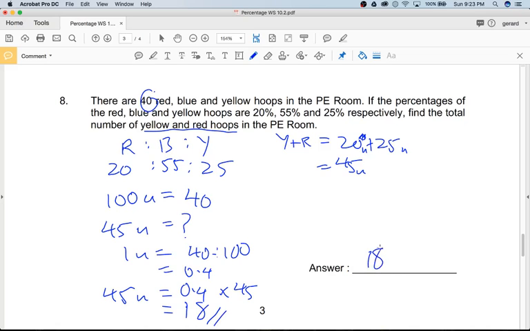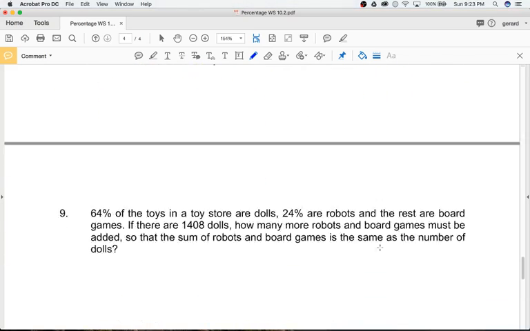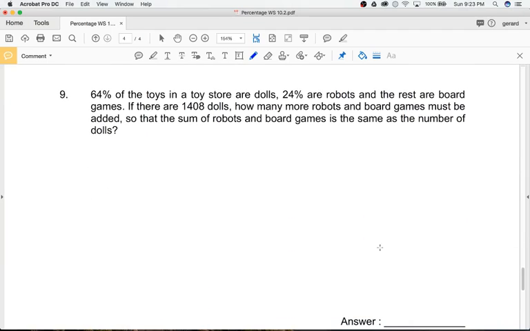Right, question 9. 64% of the toys in a toy store are dolls, 24% are robots, and the rest are board games. Okay, so let's use the ratio method again.